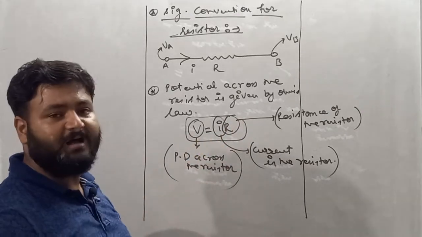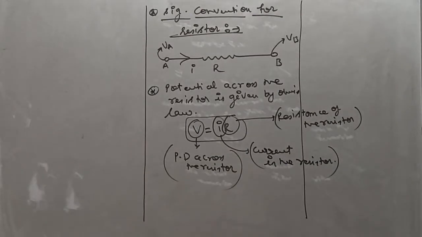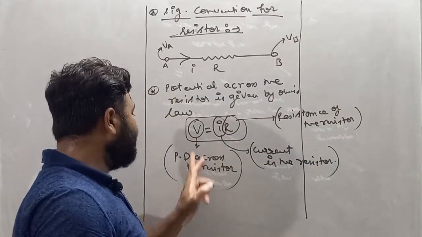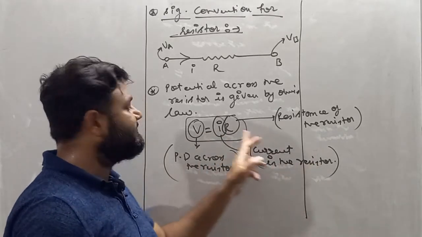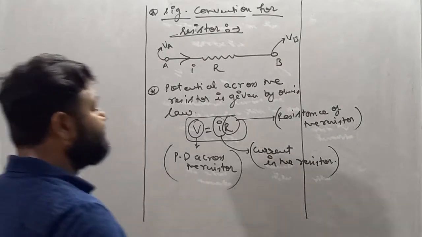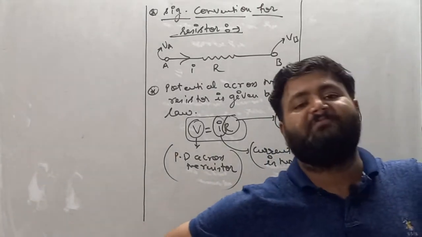V is the potential difference across the resistor, I is the current in the resistor, and R is the resistance of the resistor. Now check how to give the sign convention in the case of a resistor.